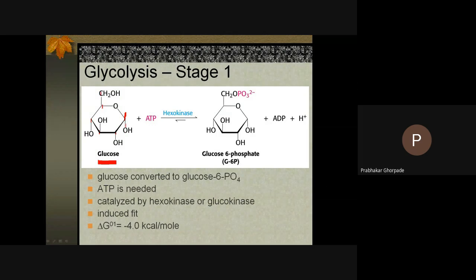The groups attached alternate between hydrogen and hydroxyl, and at the 6th position there is CH2OH. So this is the glucose molecule.